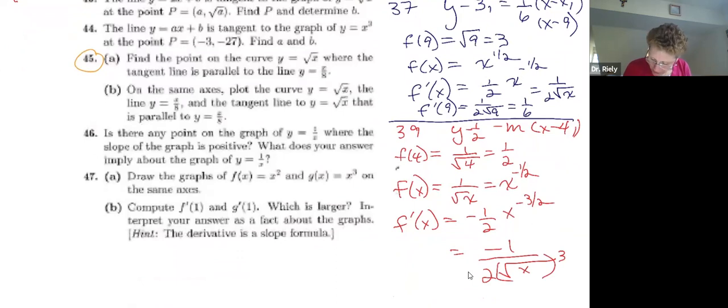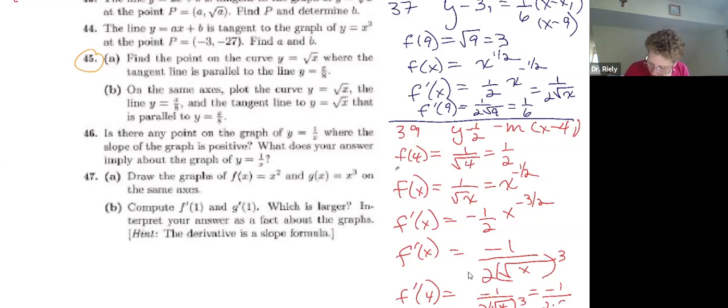So I'm going to do this where I have a 4. So f prime of 4 equals negative 1 over 2, the square root of 4, and then I'm going to cube that. So I have negative 1, then I have 2 times, okay, the square root of 4 is 2, and 2 cubed is 8.